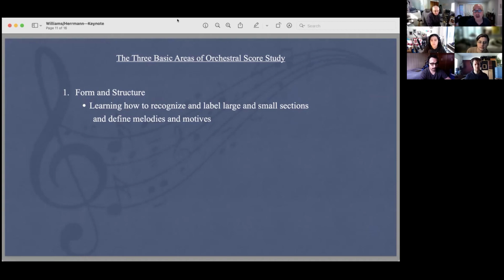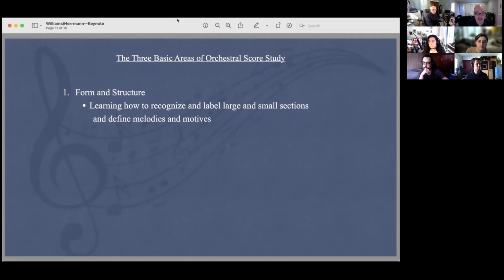Form and structure is learning how to recognize and label large and small sections and define melodies and motives. So when we look at Hedwig's theme, how many ideas are in that piece? And are there themes versus motives? And in the learning of that, we get deeper into the score.